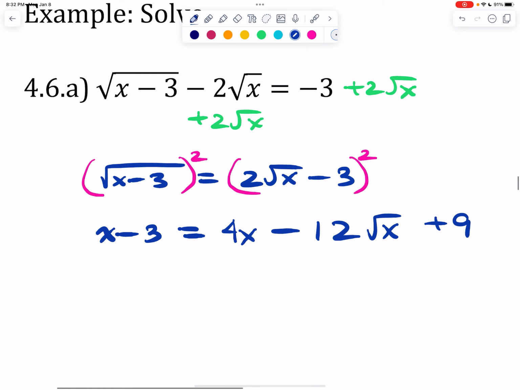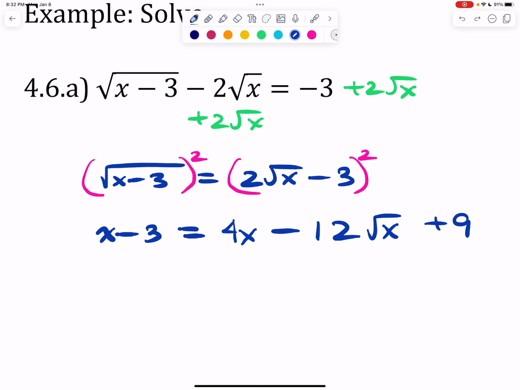That works. And this one doesn't look quite as bad. We are now in a situation where there is only one radical term, but the process still applies, that idea of isolate the radical, then square both sides.